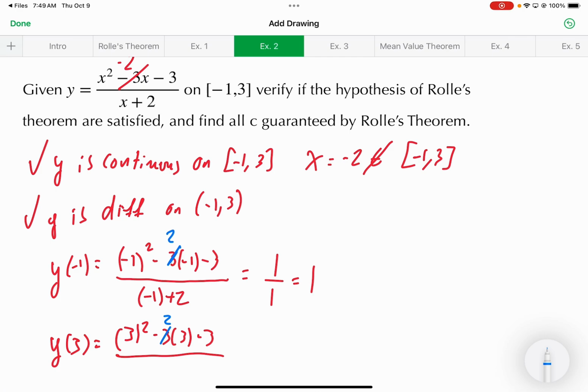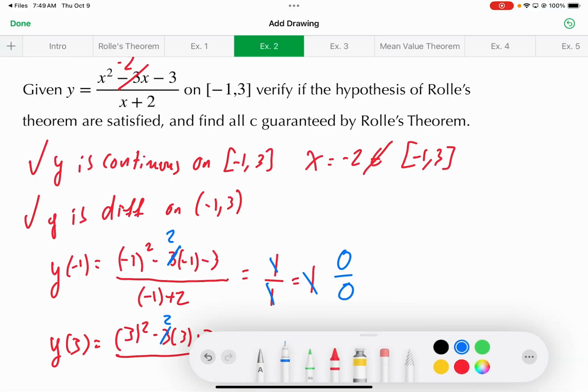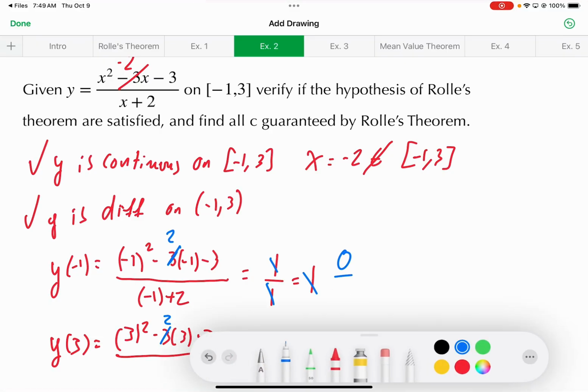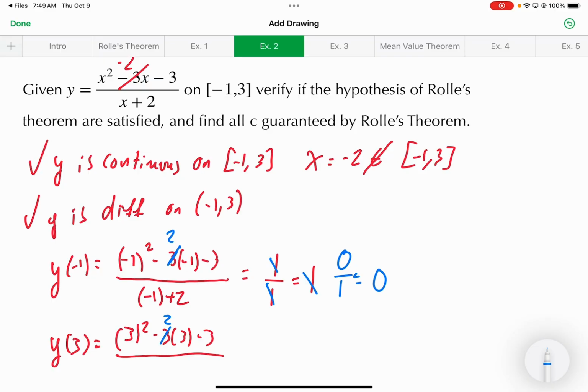Okay, so I'd have -1 squared minus 2 times -1, so it'd be 1 plus 1, which is 2, and then minus 3, which would give me 0. So 0 over 1, which is 0.